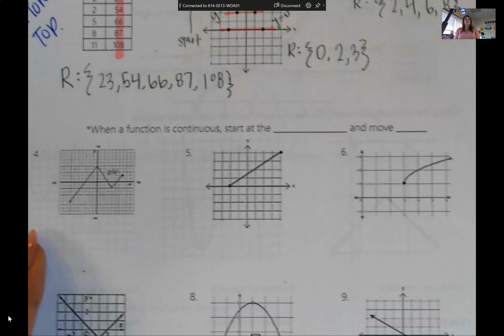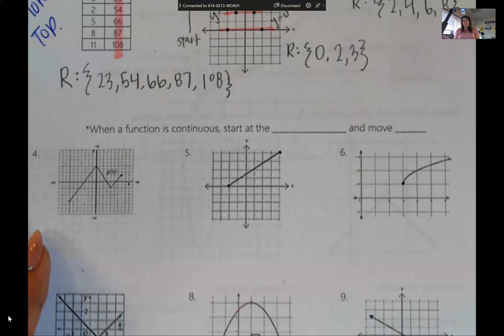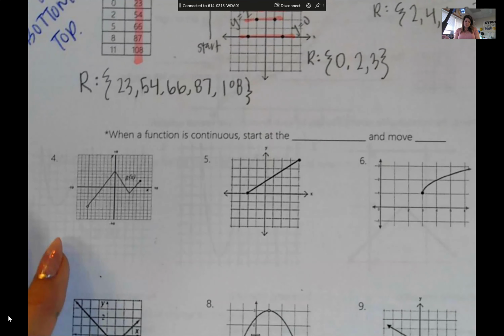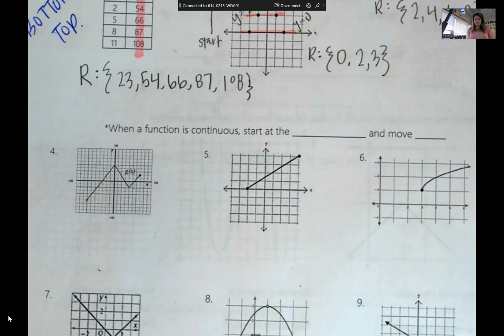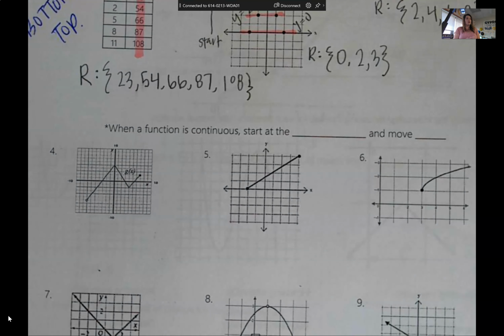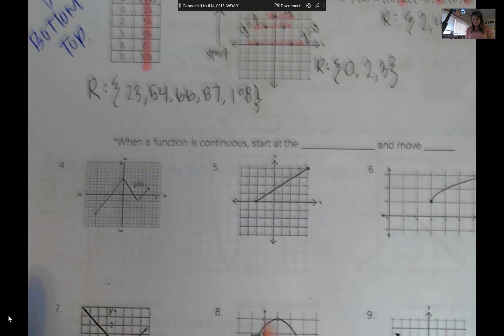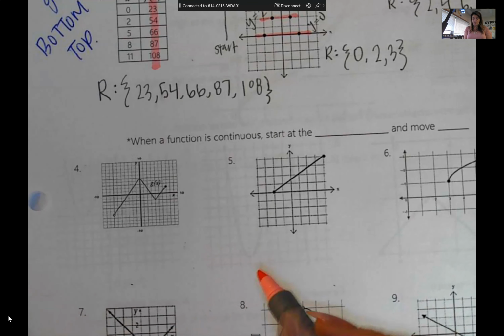Down here, we do the same thing, but this time we want to make sure we're looking at our bottom point and moving to the top.